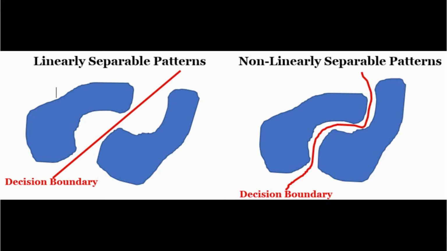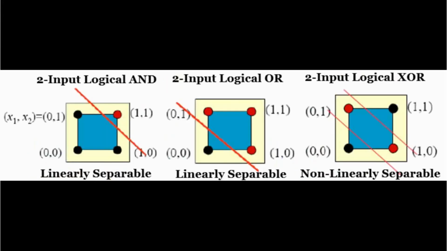Okay, so for a simpler example, let's consider the AND, OR, and XOR logical functions, where AND and OR are linearly separable. As you can see, we can draw a single line between the ones and the zeros, and XOR is not.